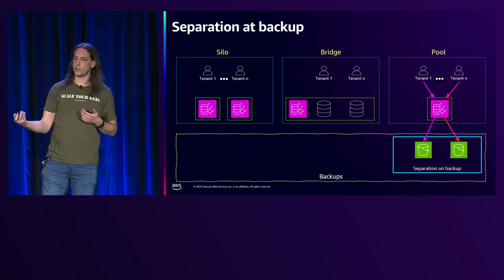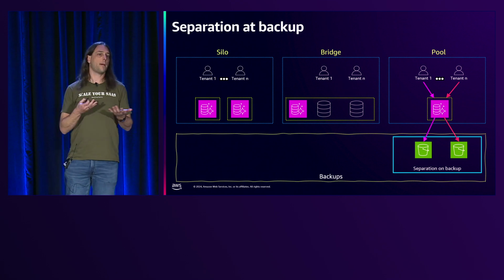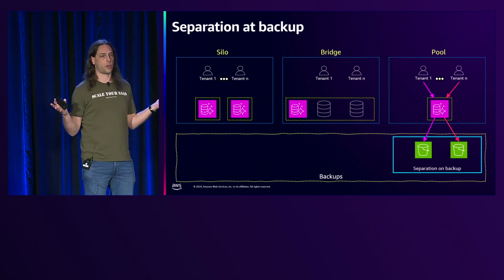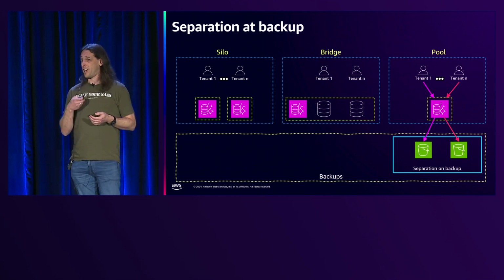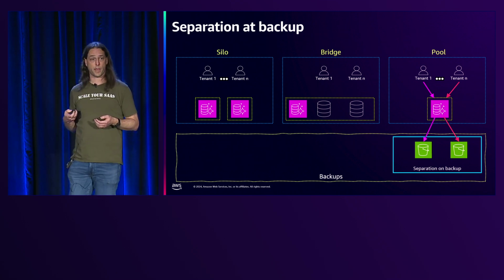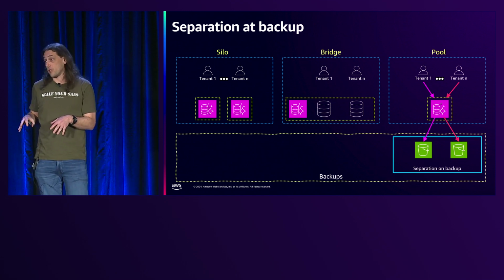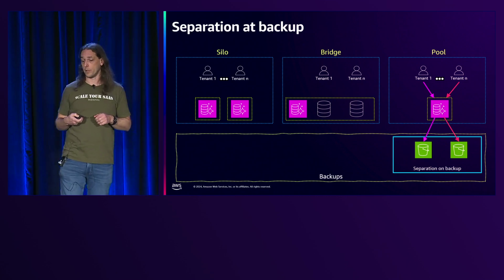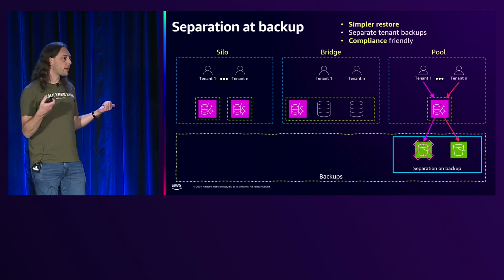If a tenant leaves your platform, you want to delete all of their data, including in backups. I mean, imagine if you've got retention policies of 7 years for compliance, and a tenant leaves, and you've got shared backups. Are you really going to go through all those backups and purge them out of that shared backup? Probably not. You're just going to end up paying for their data even though they're not paying you anymore. So the ability to purge a single tenant's data can be really useful.